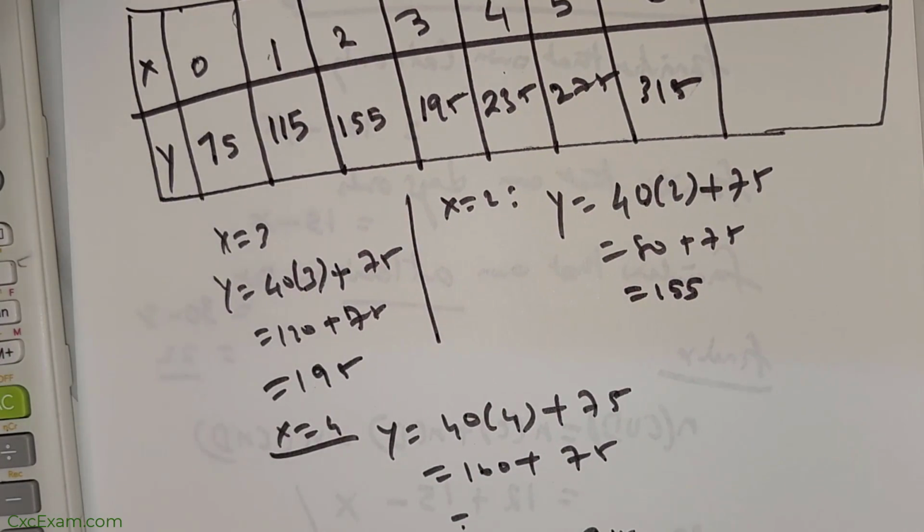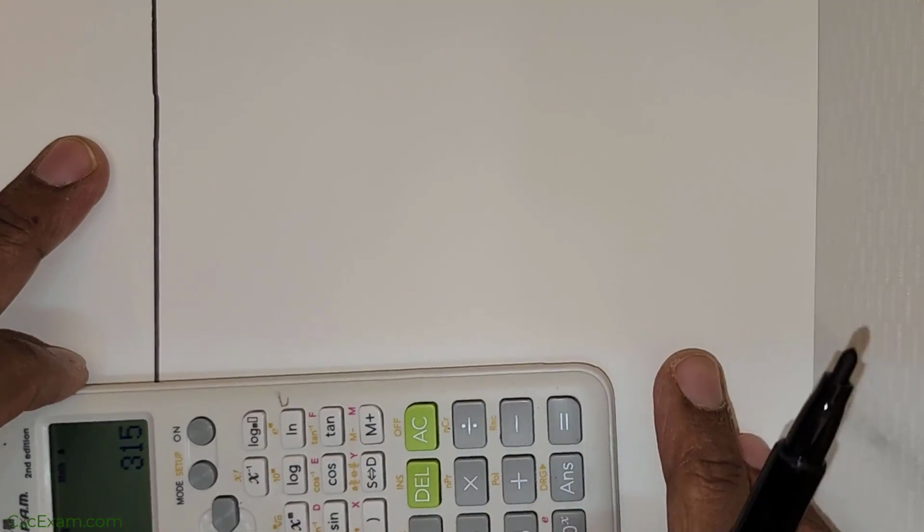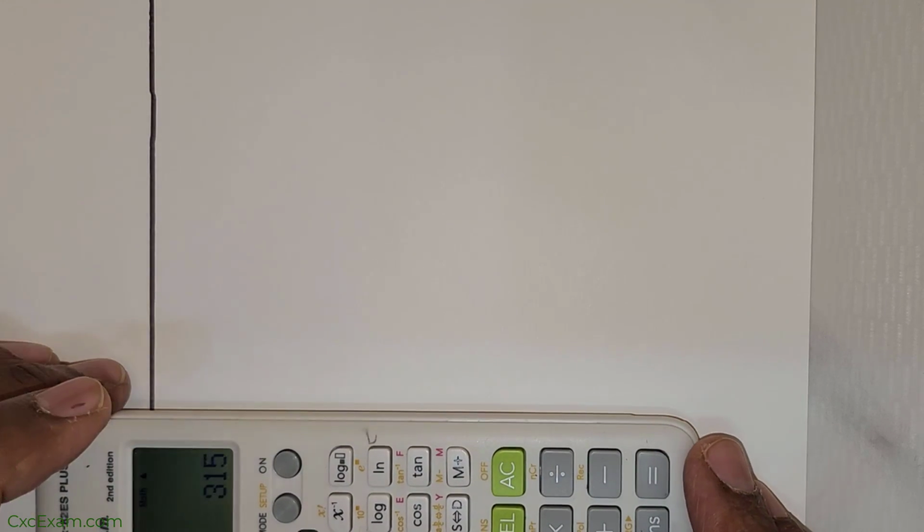Now the second part of the solution is they want us to draw a graph. The graph is not to scale; I'm only trying to give an approximate figure.